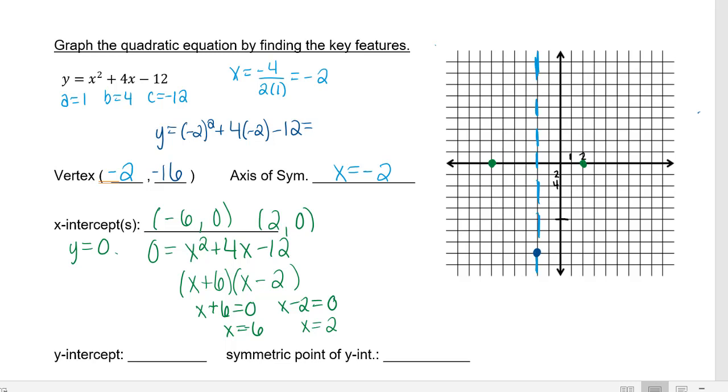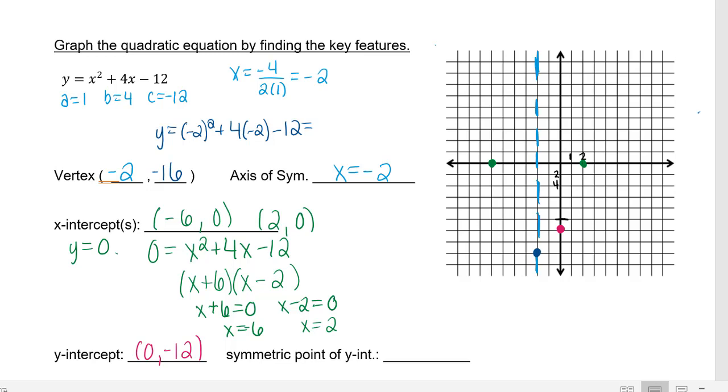All right, so our y-intercept is written as (0, that y value), which is really the c value of -12. So let's go ahead and plot that point so it'll be a little bit more helpful for us to find that symmetric point. Right, so that pink point is my y-intercept.